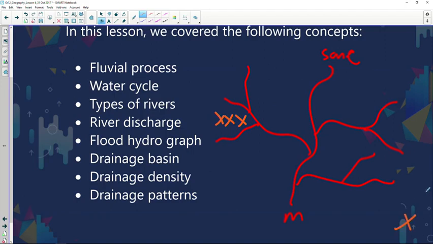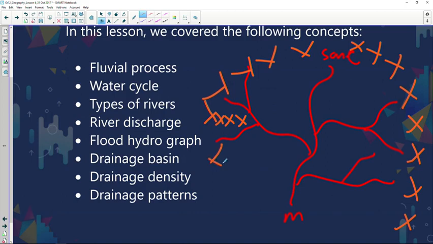What separates one drainage basin from another is a high-lying area known as a watershed. And then we look at drainage density. That's the amount of water that's in this drainage basin. If there's a lot of tributaries, like this one over there, it means it receives more rainfall, less vegetation cover, steeper slope, and probably impermeable rock.